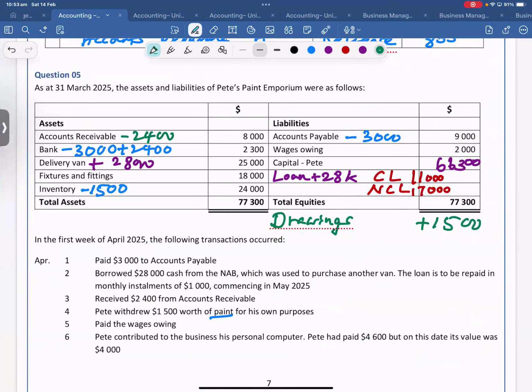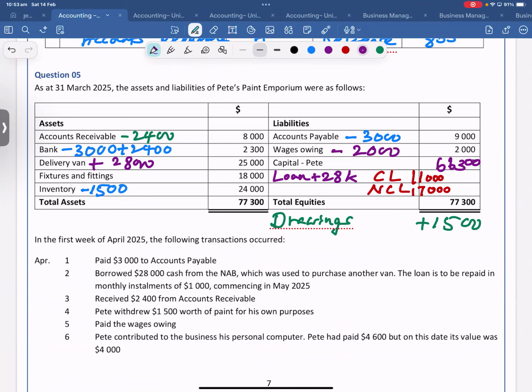Right, then next one, paid the wages owing. So what will happen? Minus 2000 from wages owing, correct? What else? You need to get the money from somewhere.